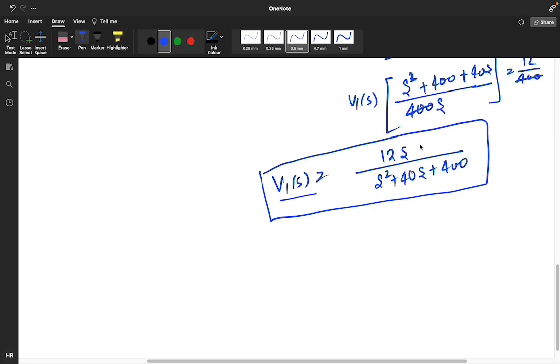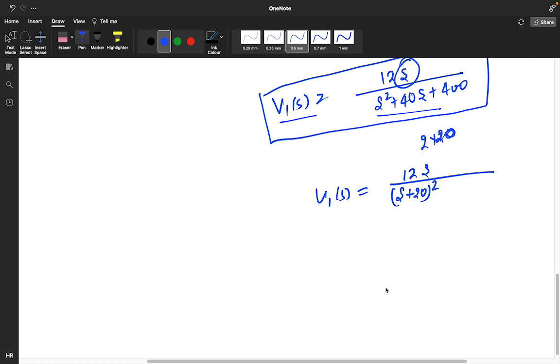So how will you do it? Here is the s term, so make it in the form of a plus b the whole square, so 2 into 20. Write v1 of s as 12s divided by s plus 20 the whole square. Yes, s plus 20 the whole square will come: s square plus 2 into 20 s is 40s, and 20 square will be 400, right?